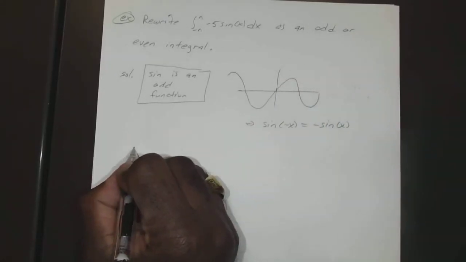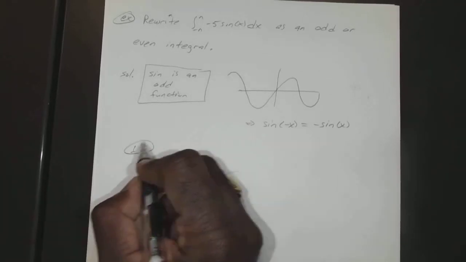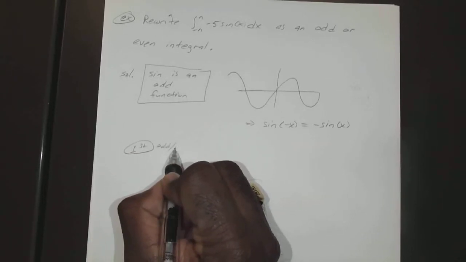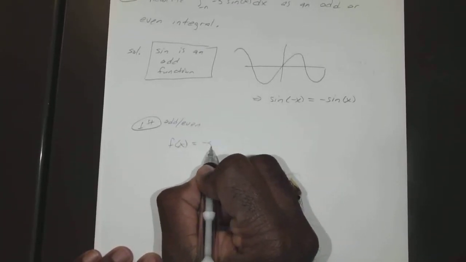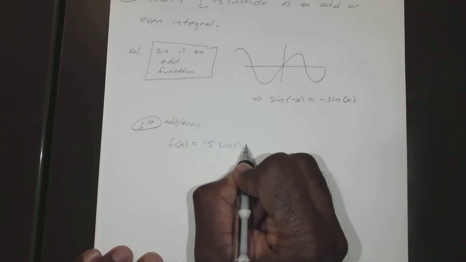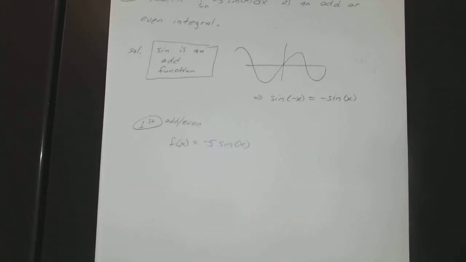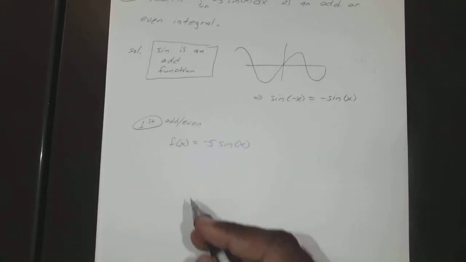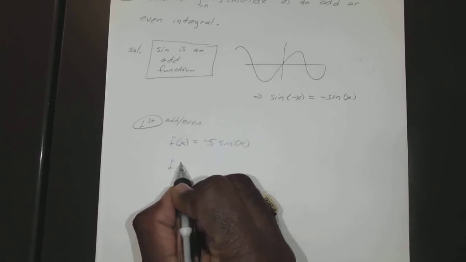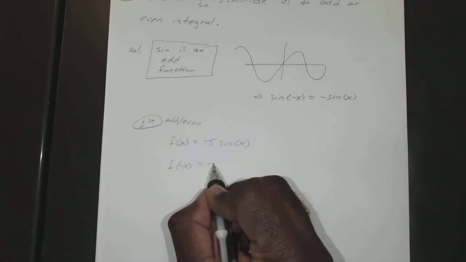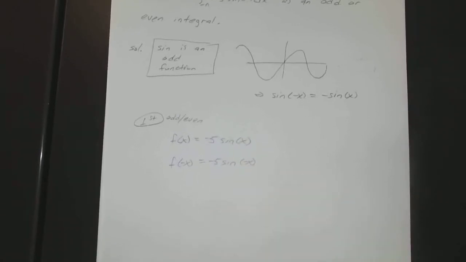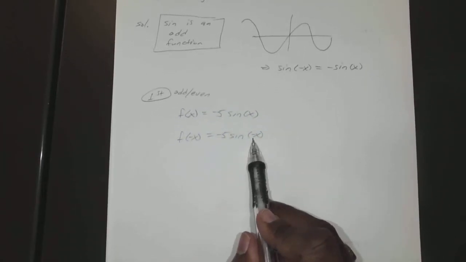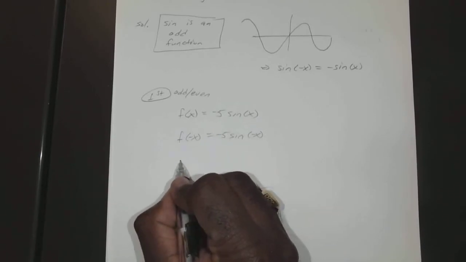All right, so of course, the first thing you do is find out if it's odd or even, which we already know, but we'll go through the steps anyway. Let's say f of x equals -5 sine of x. So f of -x is going to equal -5 times sine of -x. Since it's odd, that negative is going to go out to the front.